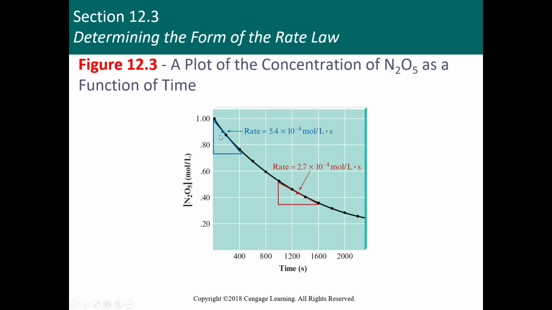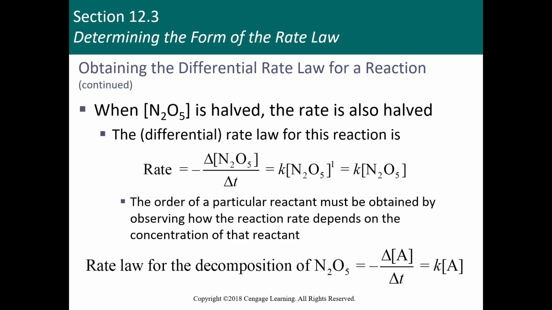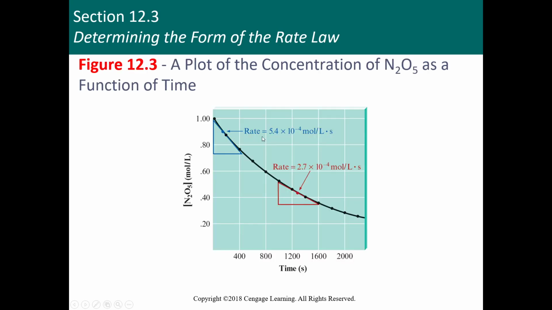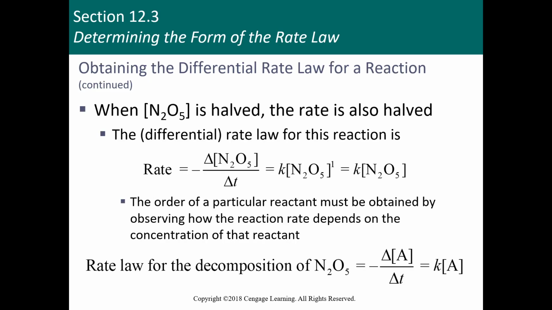We have our instantaneous rates being drawn in, like so, and these would be the tangent lines, which we take the slopes of, and that's how we found those rates. Remember, the slope is the rate in this case. So when our N2O5 is halved, the rate is also halved.